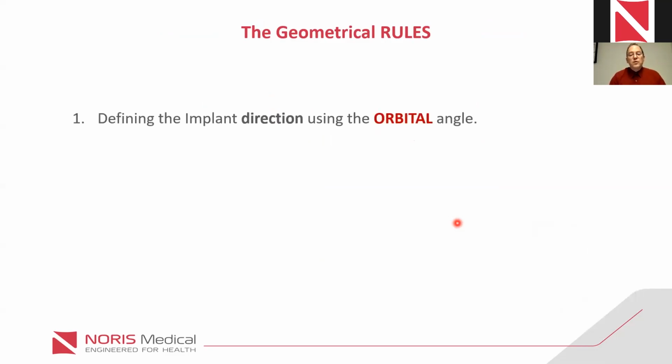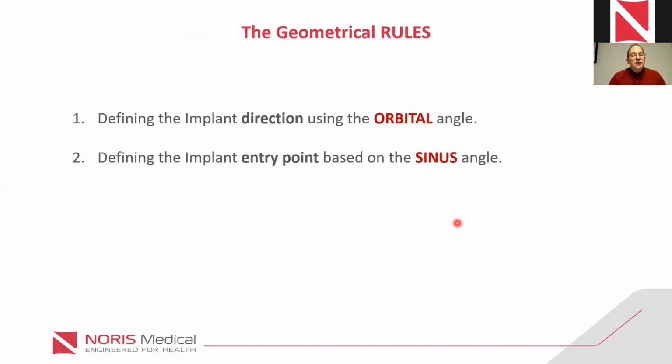But first of all, we need to understand and define what is called the orbital angle. Now, when I say what is called, that's the way I call it. There's no real term that I know. I call it an orbital angle, and I'll present what it is. We have to define the implant entry point based on the sinus angle, which is another angle I have defined for this procedure.